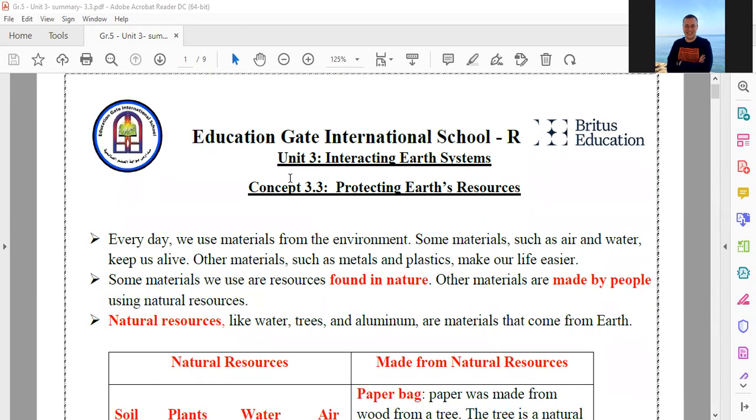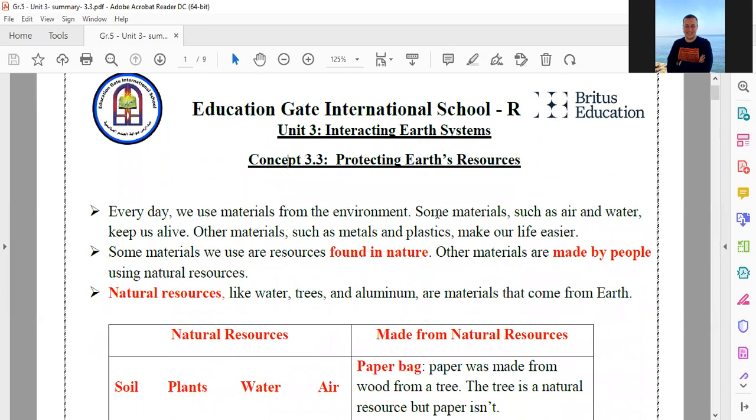So let's start this concept 3.3, protecting Earth's resources. Every day we use materials from the environment. Some of these materials, such as air and water, keep us alive. Other materials such as metals and plastic make our life easier, like mobiles, laptops, cars, and so on.